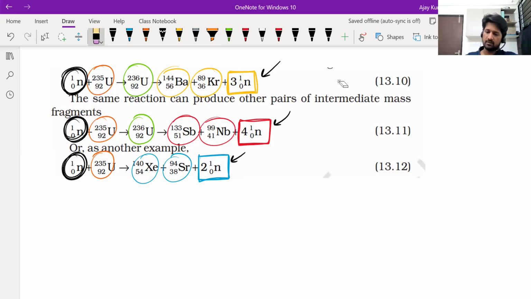The products here, mass number 144, is in that 30-170 range. 89 is in that 30-170 range. All these are in that 30-170 range, so they are all stable products. So unstable reactants forming stable products means energy is released in all these reactions. So whichever path uranium 235 disintegrates along, it is going to release energy.